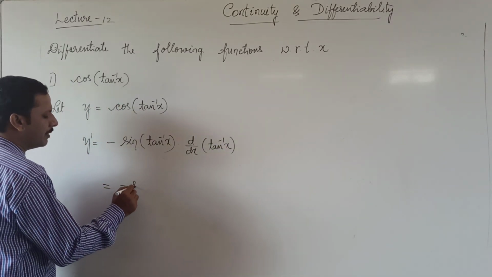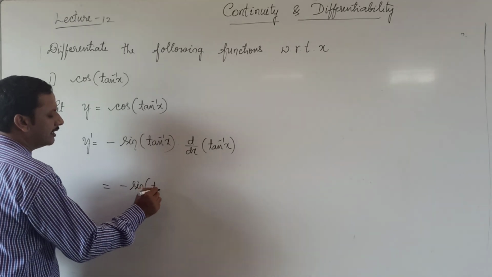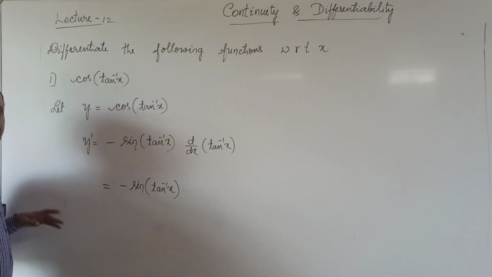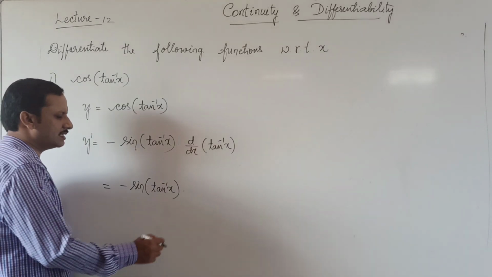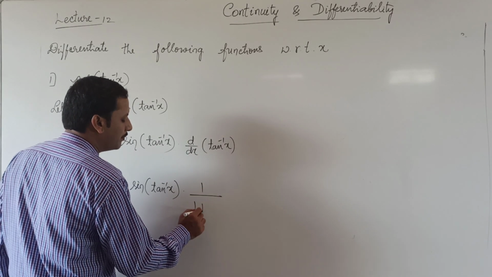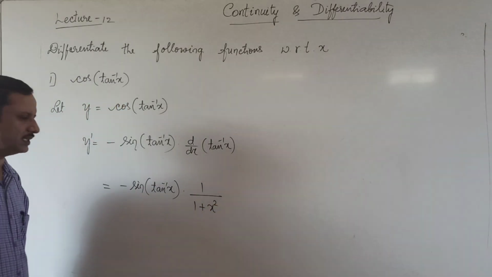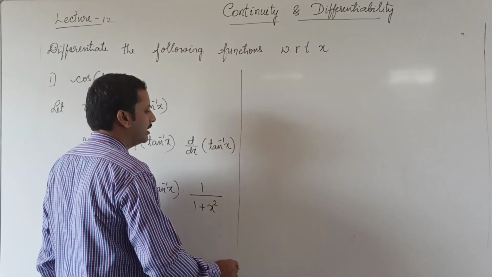That's equal to minus sin tan inverse x into the derivative of tan inverse x. What is the derivative of tan inverse x? 1 by 1 plus x square. That's the answer.